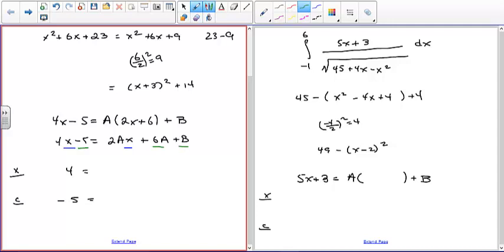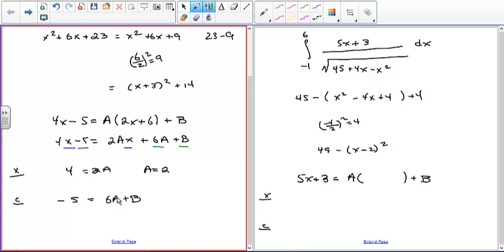So you take the coefficients of the x part, which is 4, equal to 2a. And then you take the constants, which is negative 5, is equal to 6a plus b. And you can see that in this one I only have one unknown, so I can solve for a. So a equals 2.